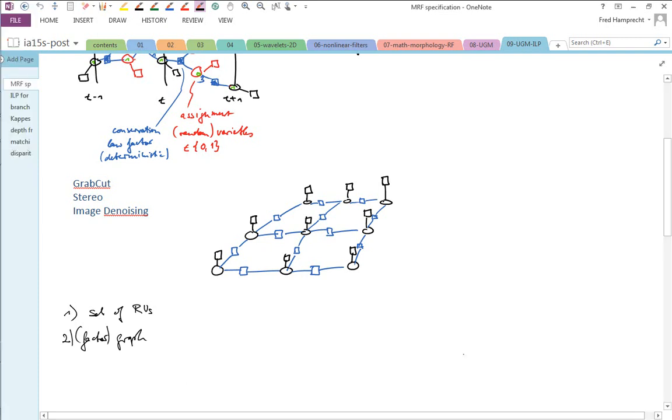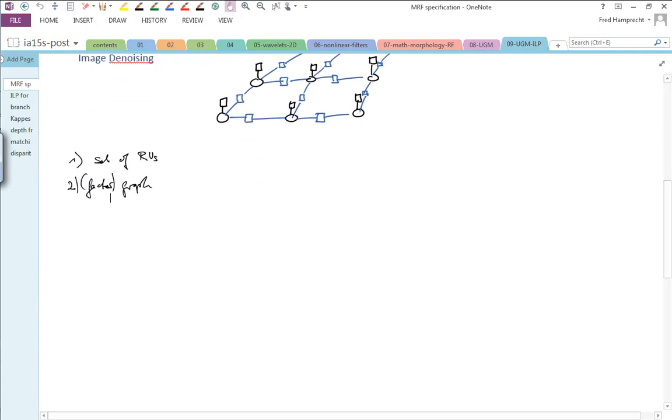So we have the set of random variables, we have a graph or a factor graph, and this factor graph only selects a family of distributions.